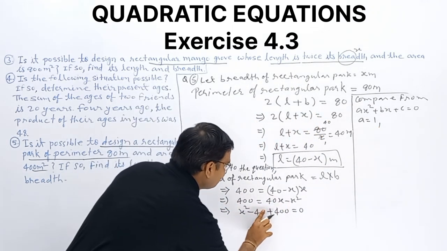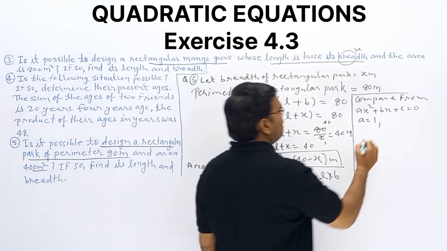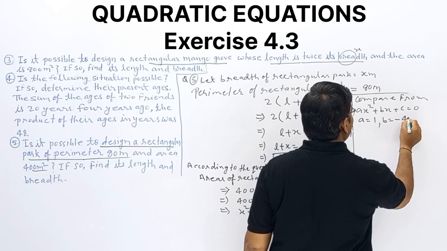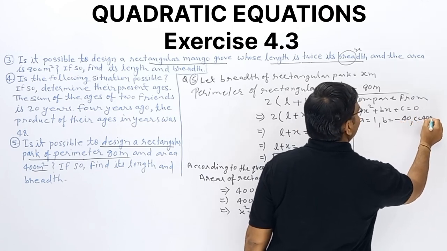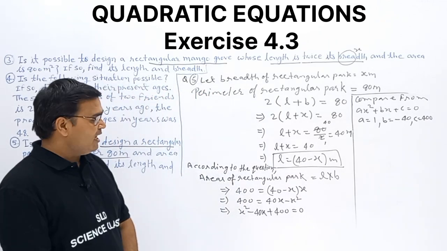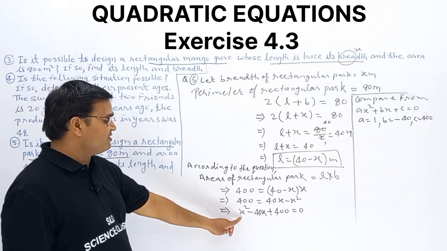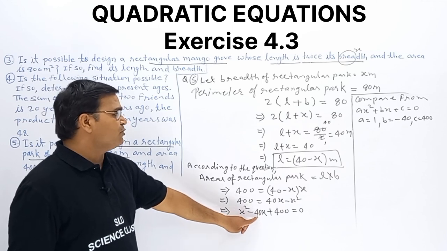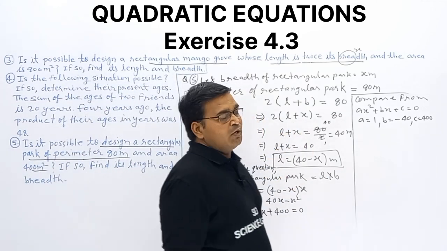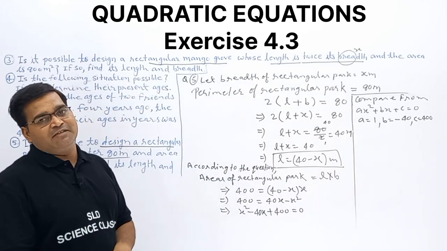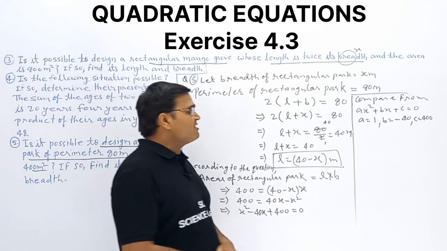This is 40x, not 40 only, 40x. So b equal to minus 40. And what about c? c equal to 400. A is the coefficient of x square, b is the coefficient of x, minus 40, and c is the constant term. To check whether this has roots or not, we will use the discriminant.